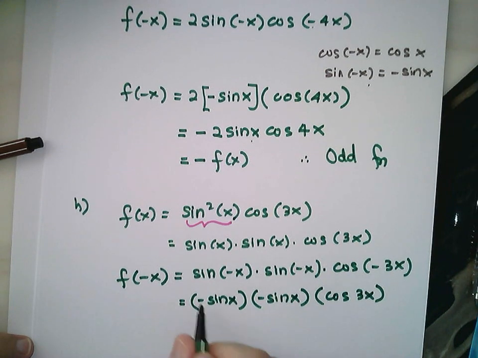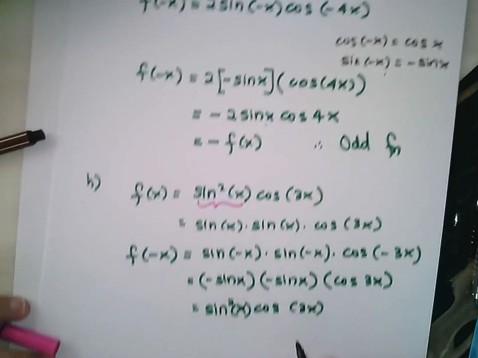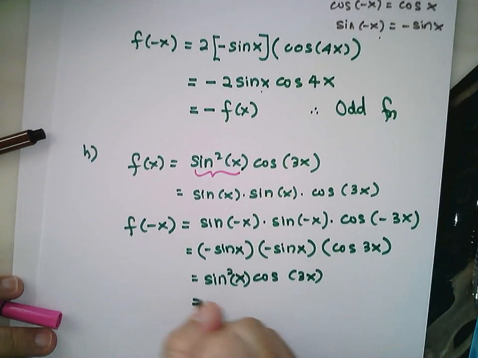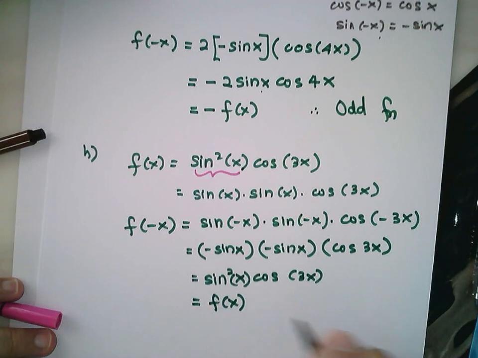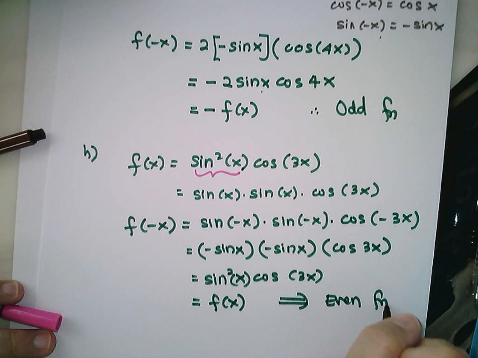Negative, negative, then you will have positive. Sine multiplied by sine, you will have sine squared x cos 3x. So this is equal to f x. So this is an even function.